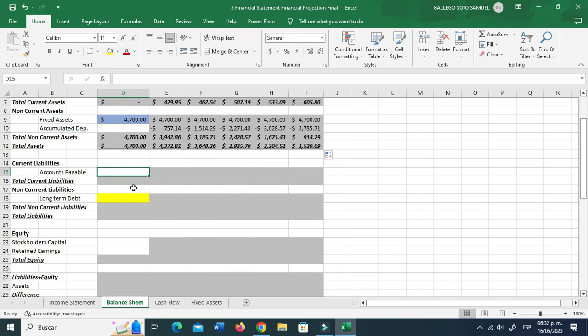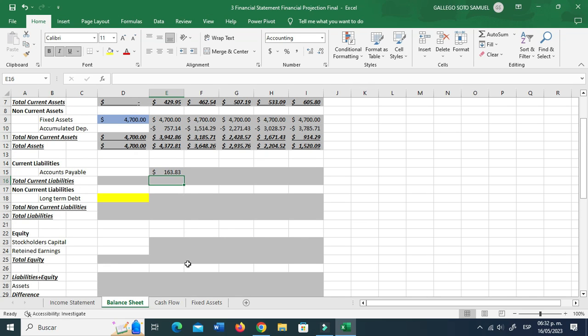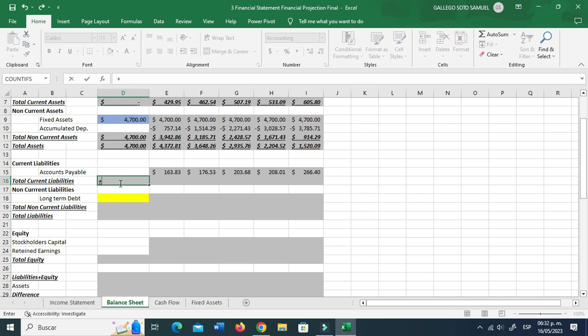All right, now accounts payable, that's in terms of the cost of goods sold. So we multiply that by this percentage, times the percentage that we just found with the cost of goods sold.